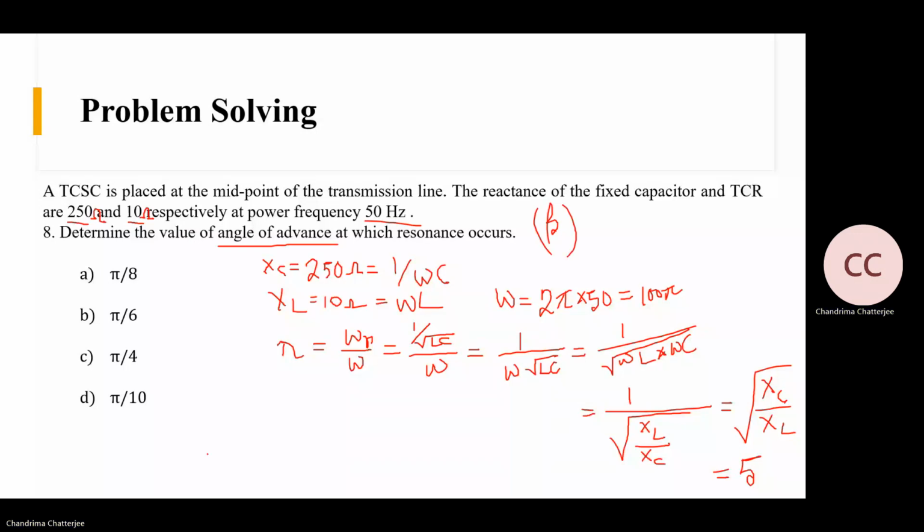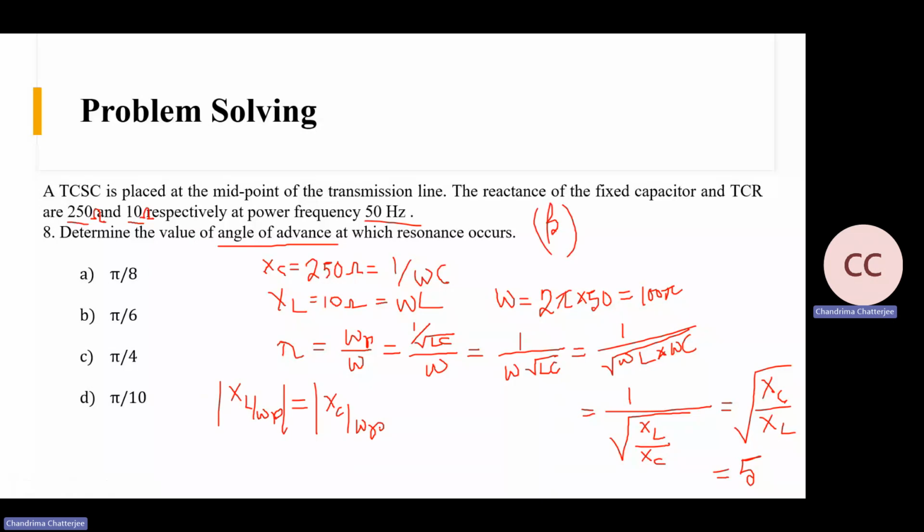Now when resonance happens, XL at omega r is equal to XC at omega r. The inductive reactance and the capacitive reactance, their magnitudes are the same at resonant frequency.